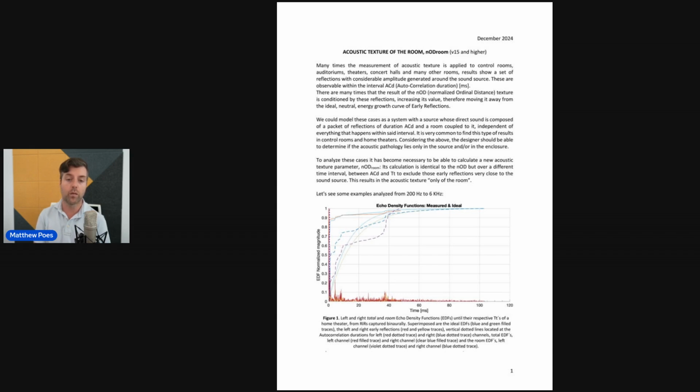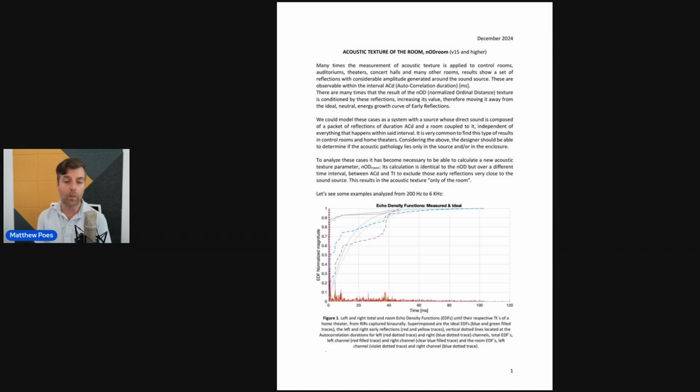And the results show a set of reflections with considerable amplitude generated around the sound source, in other words, the speakers. These are observable within the interval ACD, the autocorrelation duration value. There are many times that the result of the normalized ordinal distance texture is conditioned by these reflections, increasing its value, and therefore moving it away from the ideal neutral energy growth curve of early reflections.